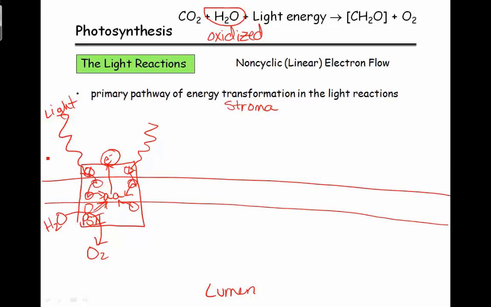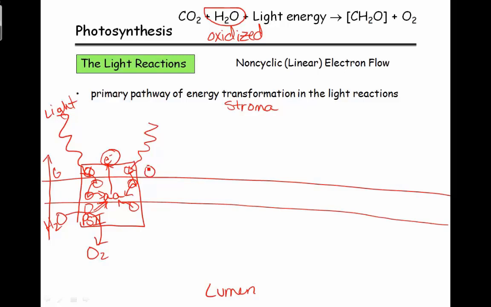Now as I've drawn it on here, we're going to use this as well to represent our free energy or energy scale. So notice we have boosted up the electron, so it is higher on the slide or on the diagram. High energy state. We're then going to take that electron and we're going to pass it down an electron transport chain.